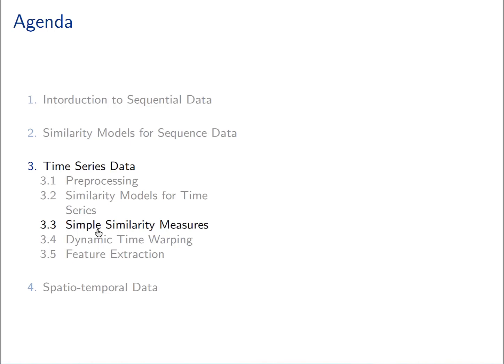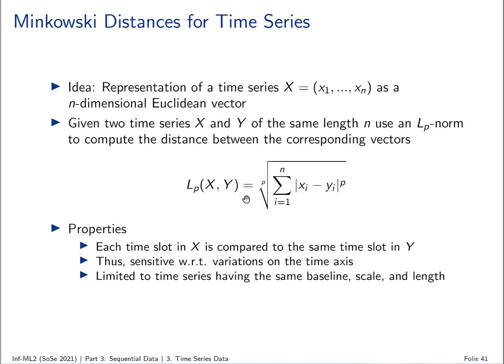We'll start with simple similarity measures that do not consider the time axis, where something may go on, so to say. Afterwards we will look at more complex similarity measures, for example dynamic time warping, where we do the time warp. So let's jump in with the simple similarity measures.